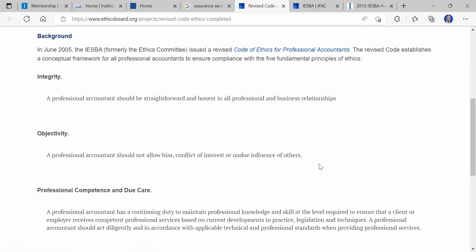As an accountant, you should demonstrate integrity. I think through your journey as an aspiring accountant, you've had many cases where accountants have committed fraud, have committed corruption, and have not demonstrated high levels of integrity in their work. Now, as a professional accountant, you should be straightforward and honest in all your dealings.